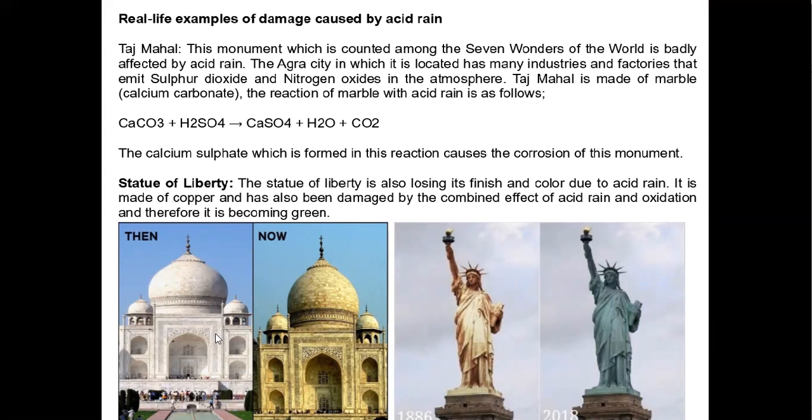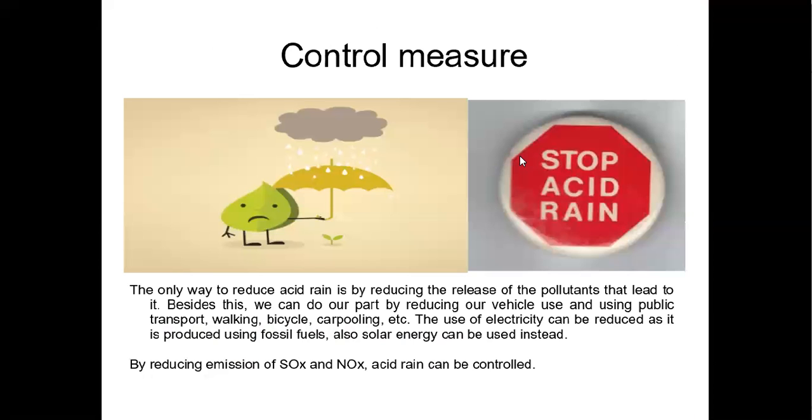You can see here previously the Taj Mahal was like this, but now due to the effect of acid rain, it looks yellowish. And here is the reaction, but here the 3, 4, and 2 should all be subscript. Similarly, the Statue of Liberty changes its color due to acid rain.